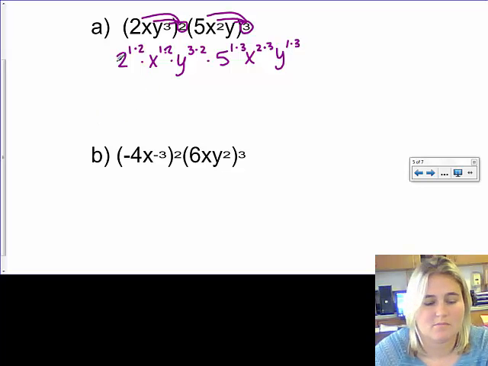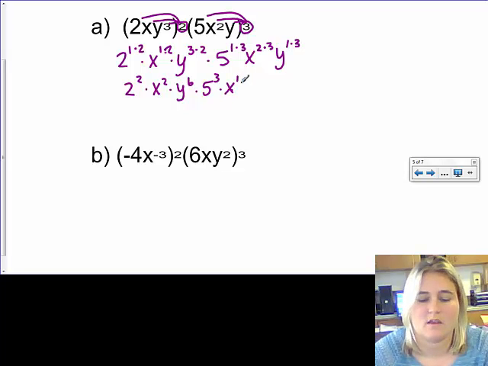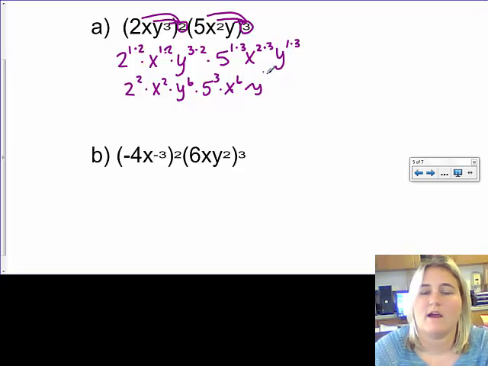So I'm going to simplify my exponents at this time. I have 2 to the second times x to the second times y to the sixth times 5 to the third times x to the sixth and times y to the third.